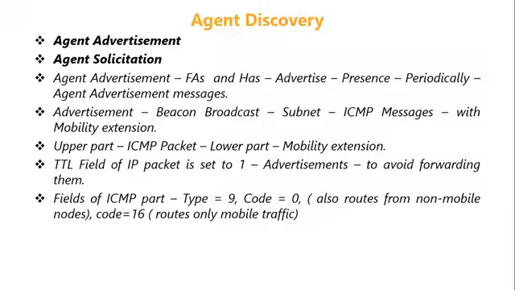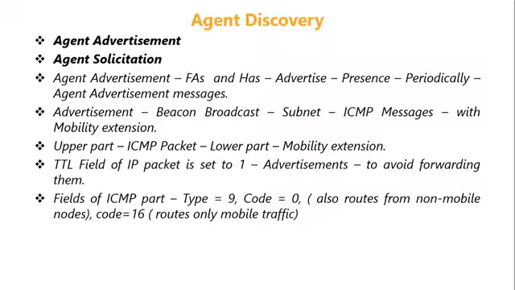The fields of the ICMP packet are as follows. As we already discussed, the advertisement packet contains two parts: the upper part is an ICMP packet and the lower part is for mobility extension. The type field in the ICMP part of the advertisement message is set to 9.